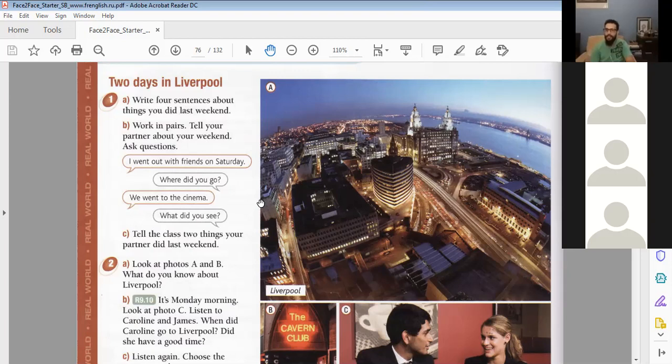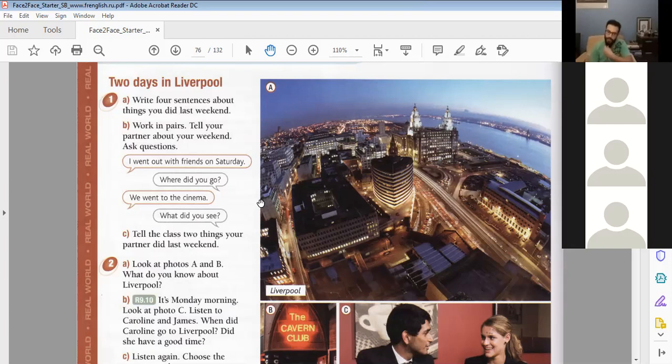It is visited by tourists from all over the world. Okay, excellent. Very good. Because it is a touristic city. Yes, that's correct.